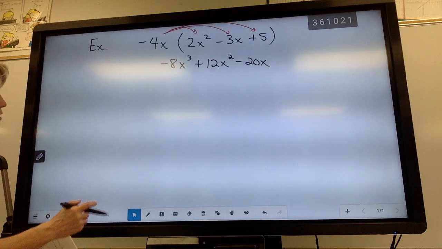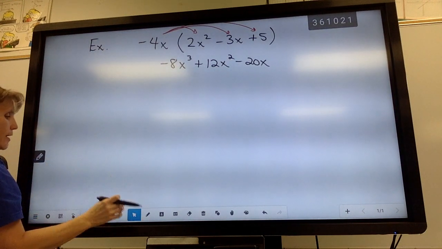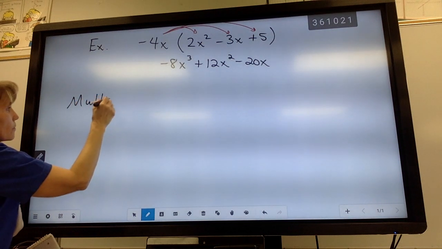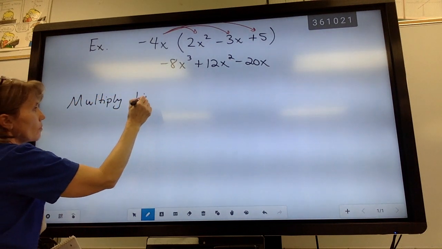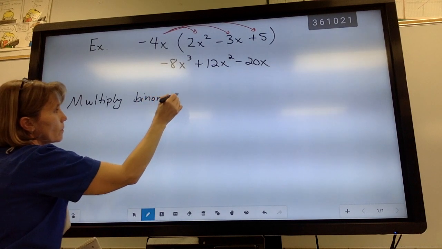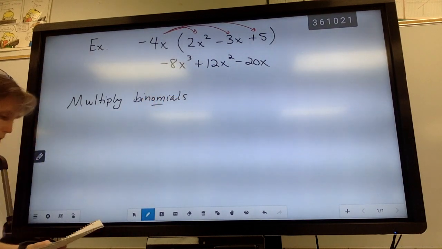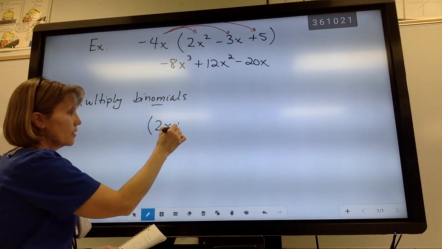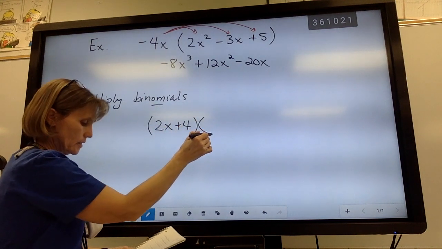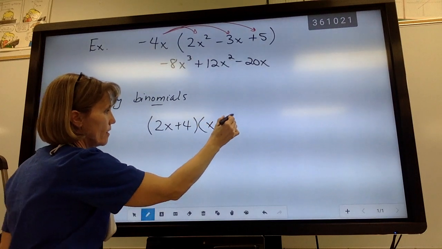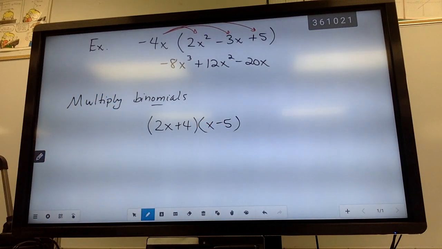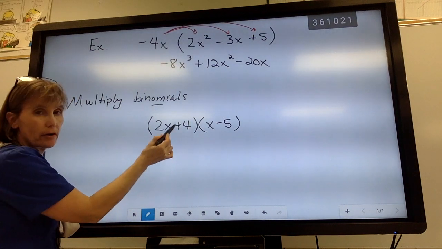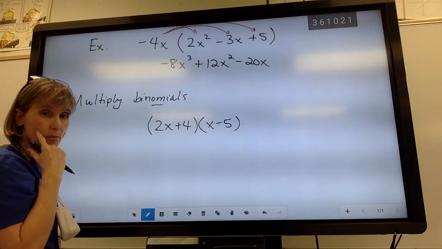We are also going to be multiplying binomials. What's a binomial? A binomial is when you have two terms. So I might have a 2x plus 4, and I'm going to take it times an x minus 5. I don't have just a single term out here now. I have two, so we kind of have to break this up.